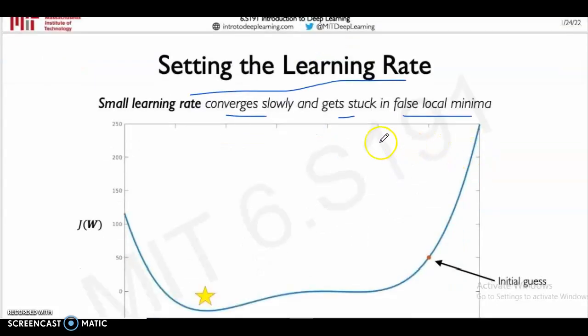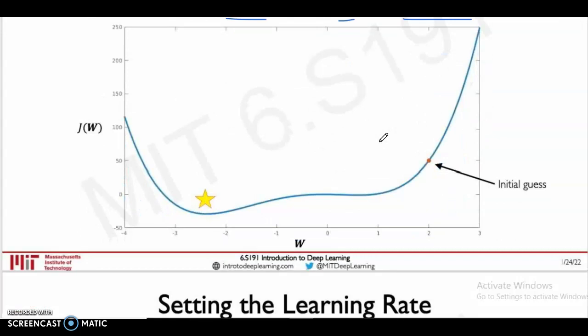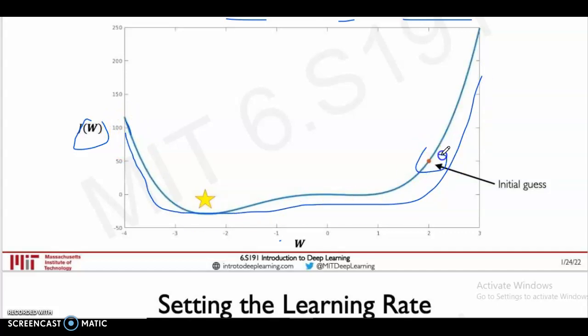In local minima, you will get stuck. J of W here, W. Doing like this up to here, so initial gain.